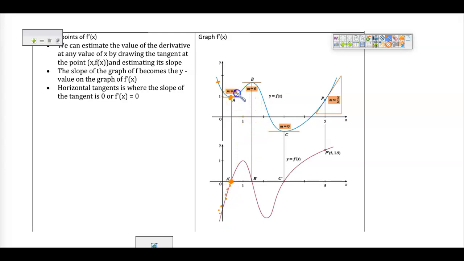Then these values here are positive. That's why these values here are positive. And then you notice at this 1.5, that's where you cross the axis again, and then your slope changes. So you decrease, decrease, decrease.